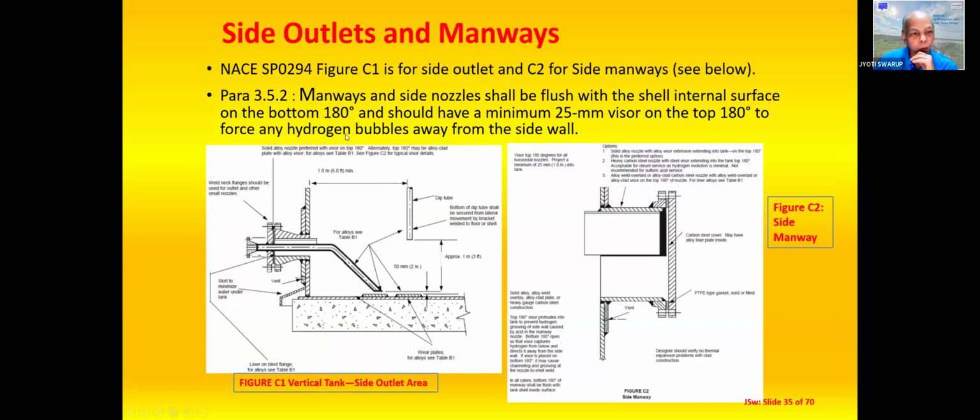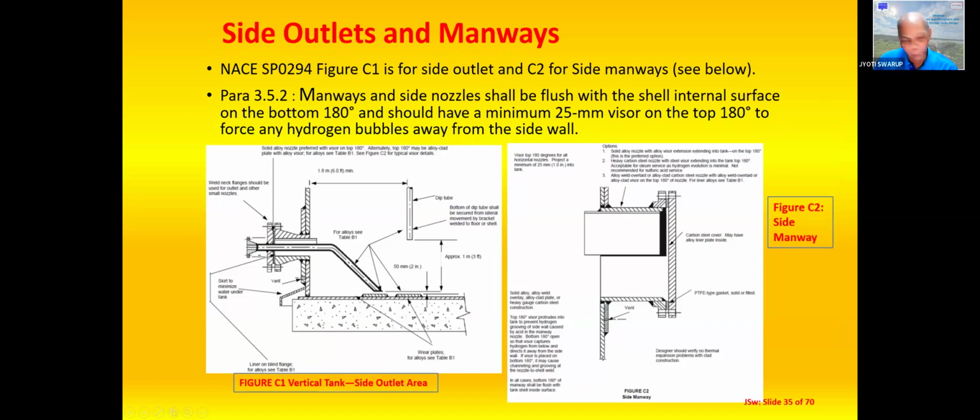So what do you call next. SP0294 shows these two diagrams for side outlet and side manways. Manways and side nozzles shall be flush to the cell internal surface on the bottom 180 degrees and should have a minimum 25 millimeter visor on the top 180 degrees to force any hydrogen bubbles away from the side wall.